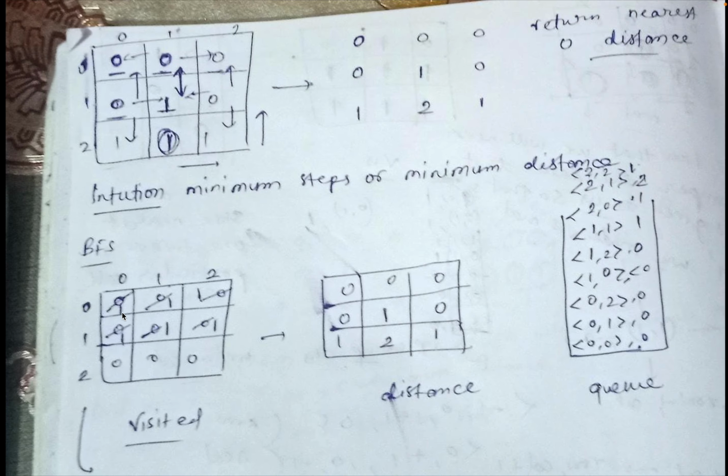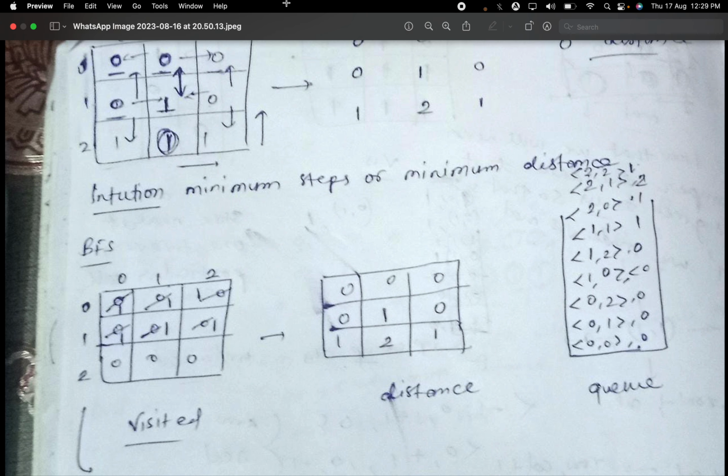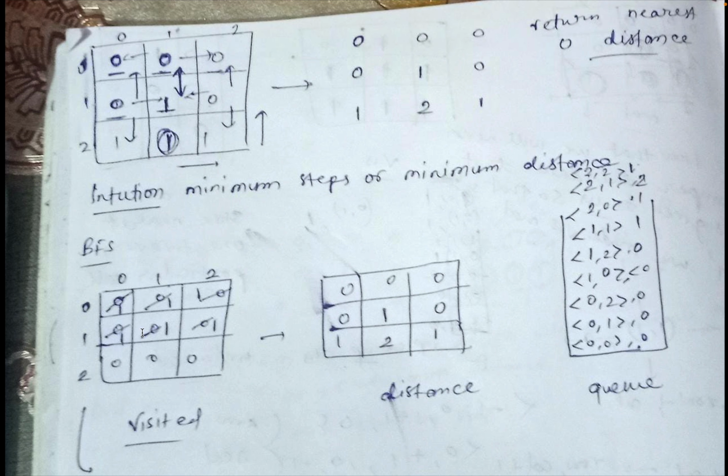In BFS, look at this, the intuition is minimum steps or minimum distance. Firstly we have to make a visited matrix. Look at this visited matrix, 3 cross 3, initialized with 0.